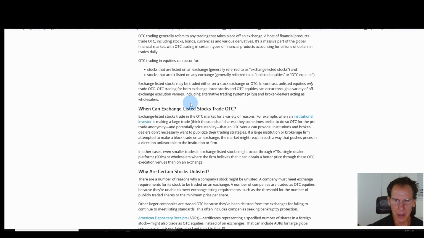In contrast, unlisted equities only trade OTC. OTC trading for both can occur through a variety of off-exchange execution venues, including alternative trading systems and broker-dealers acting as wholesalers. Yeah, I said there's a few moving parts. If you're lost here, reread this.